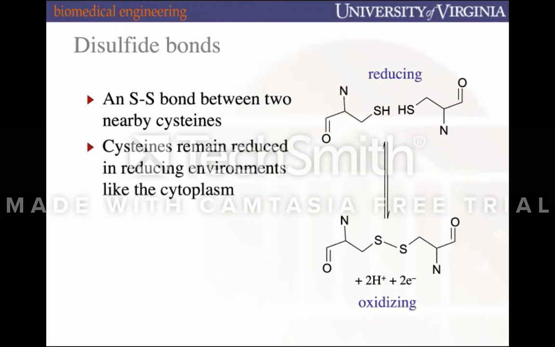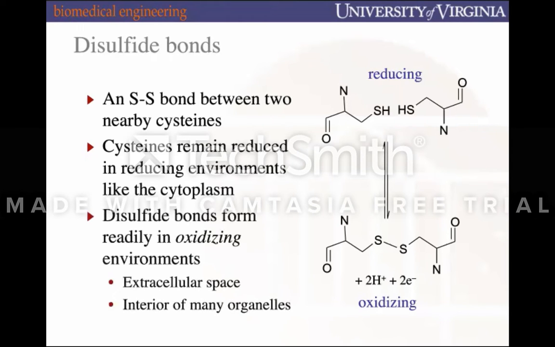And so one of the reducing environments that we see is in the cytoplasm. And again, it's advantageous for that to be the case, because with proteins that exist in the cytoplasm, you don't want to see these disulfide bonds occurring, but rather only in those that need cysteines to create a disulfide bond.